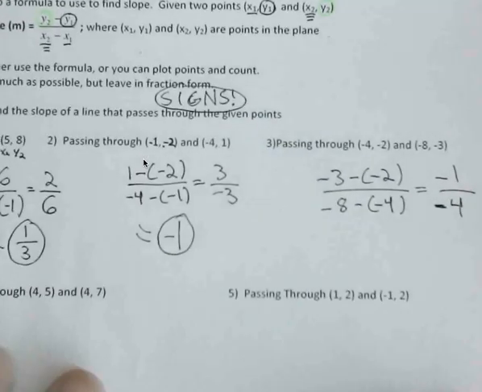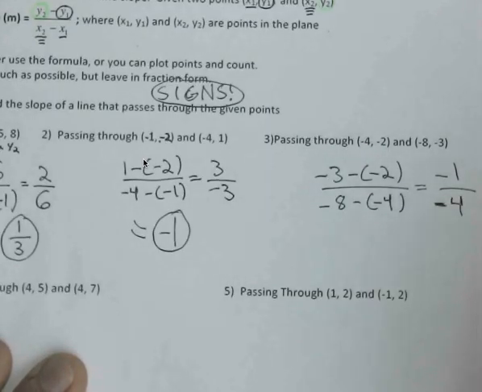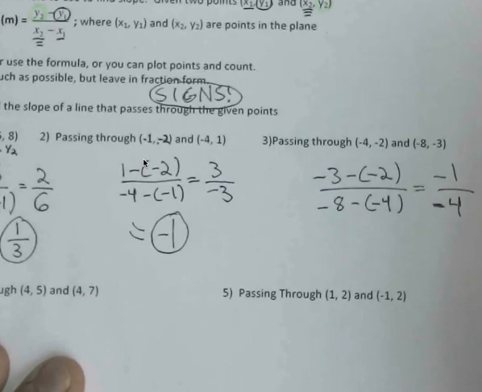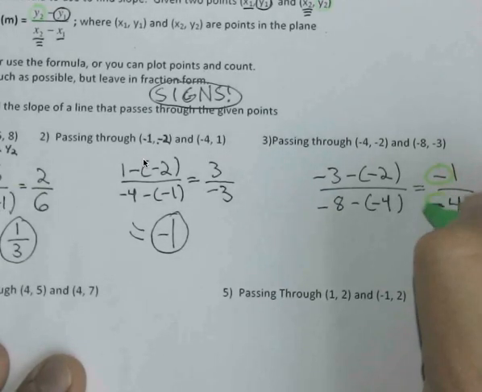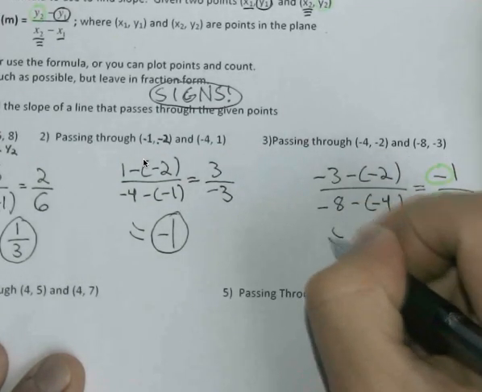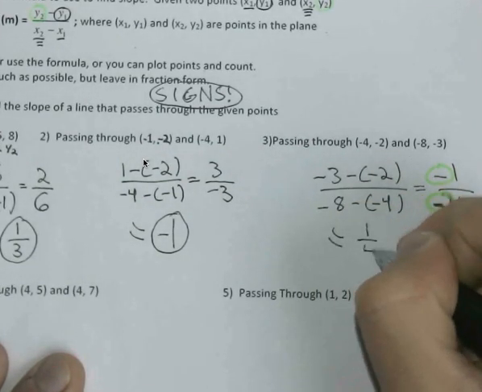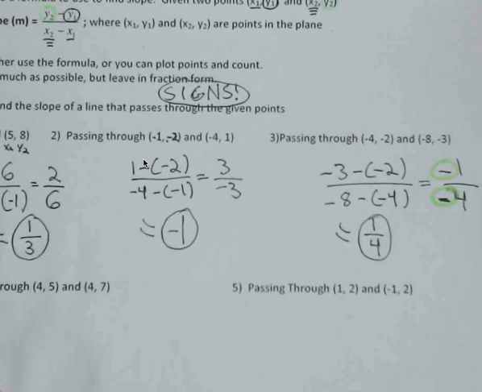So although this is a fraction of just pretty much 1/4, can we simplify the signs at all? Can we do that? We definitely can, because notice that this is a -1 and a -4. These are both negative, so we can definitely just get rid of those and say our slope's positive 1/4. And that's totally fair game to do that.